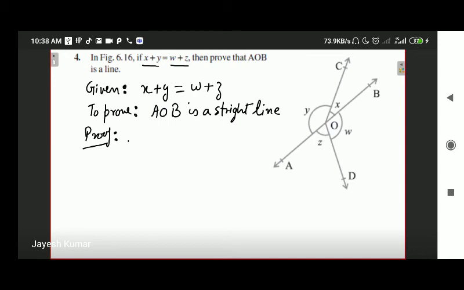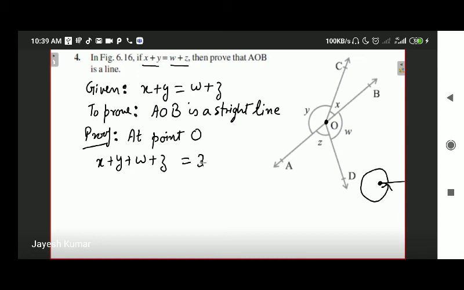At point O, what I am focusing on is only point O. At any point, the total angle is 360 degree. It is also called complete angle. So at point O, x plus y plus w plus z all should be equal to 360 degree. Why? Complete angle.